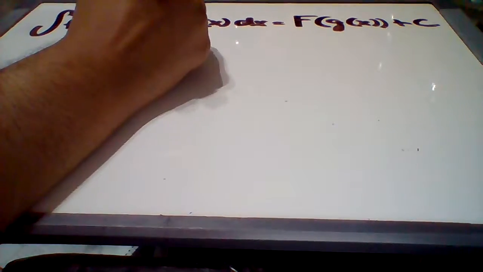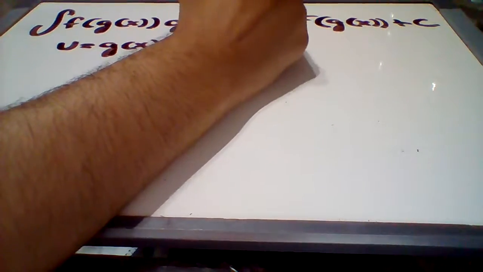If u equals g of x, then du equals g prime of x dx.